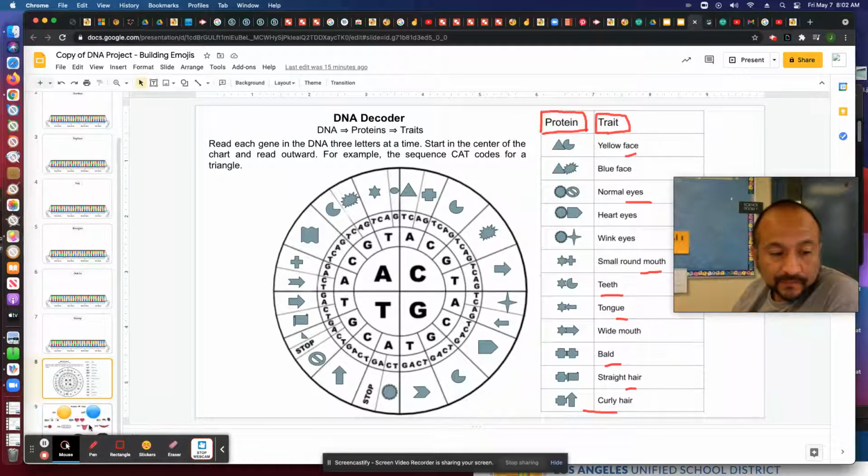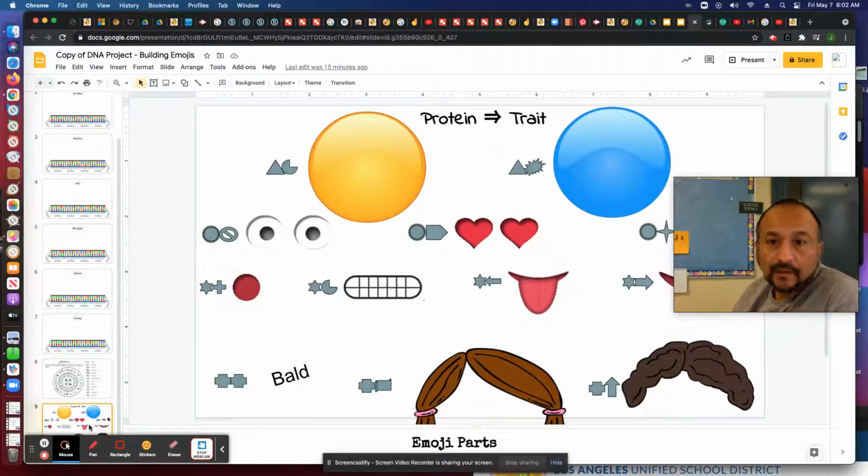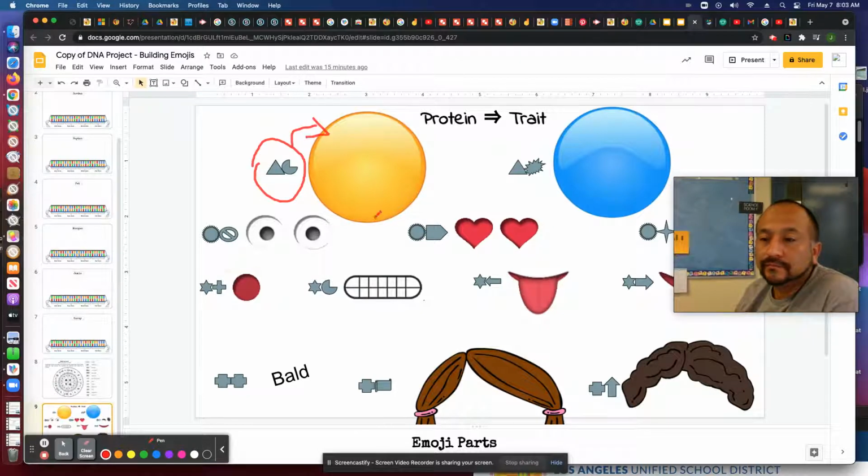And so here we have the proteins. These are the proteins. The proteins then take shape and form the traits.